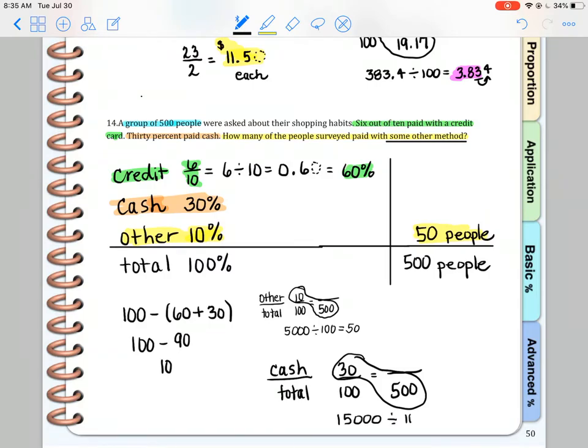Divide 100 is 150. So 150 people paid cash. So the cash and the other are 200, and if I take that off of the 500, that leaves me with 300 people who paid with credit. But again, the question is how many of the people surveyed paid with some other method, and so that would be 50 people.